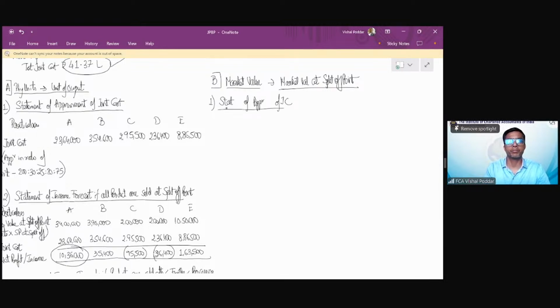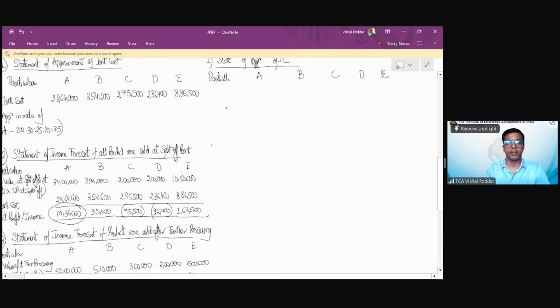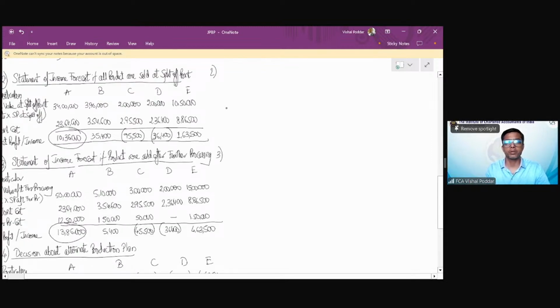Same. Particulars A, B, C, D, E. All further statements would be same. Statement of income, and fourth is decision making.